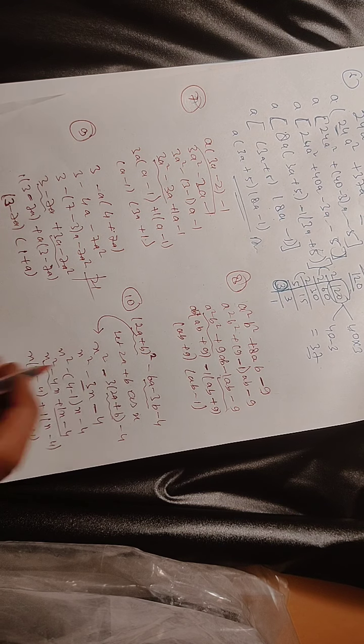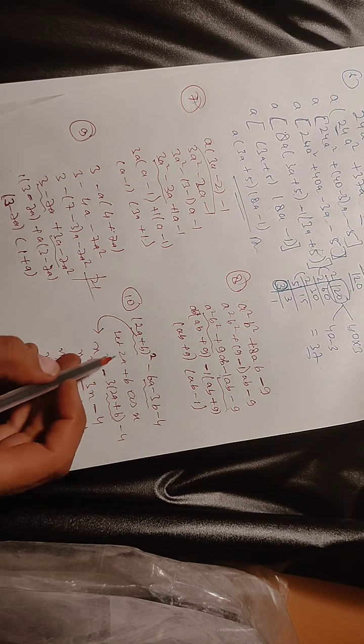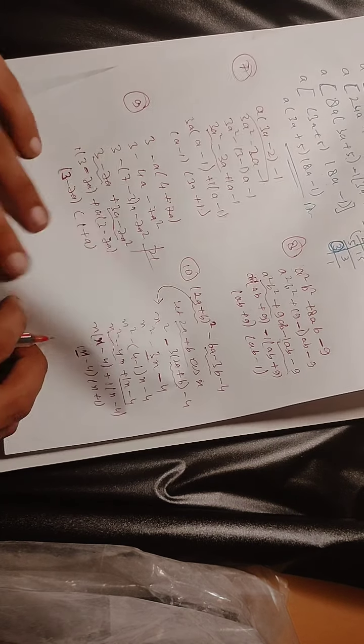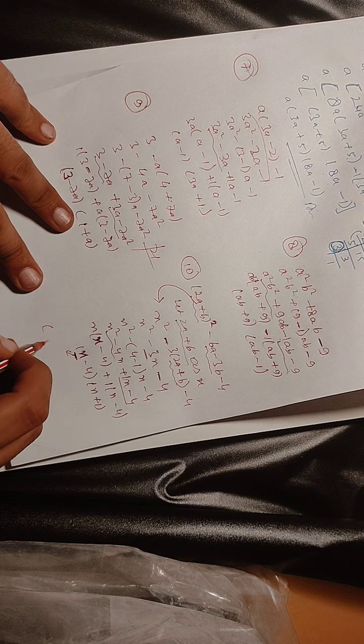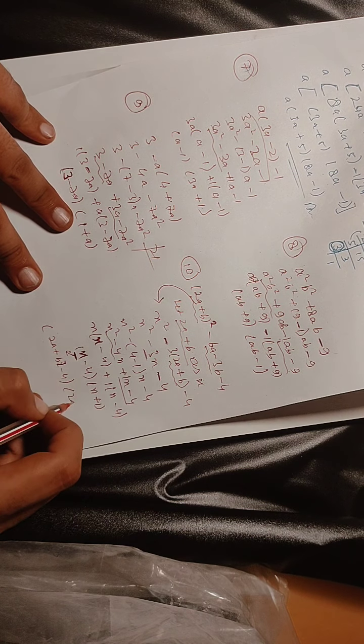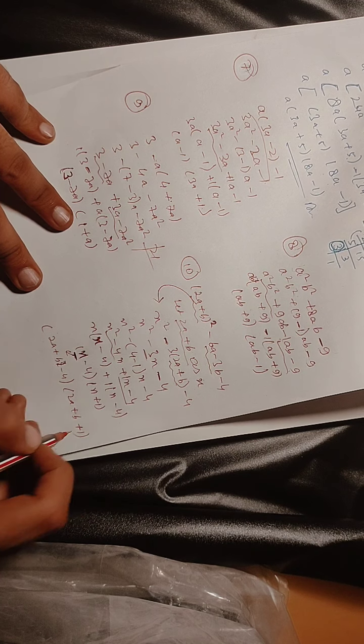Now again we are substituting the value of x, because we assumed 2a plus b as x. So now again we put the value of x: 2a plus b minus 4, sorry, and 2a plus b plus 1. This is your answer.